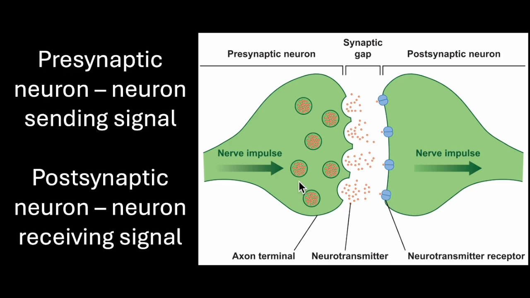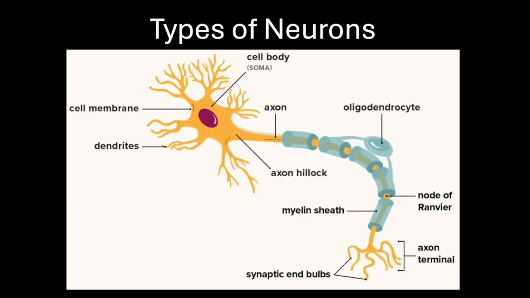What's happening here is we're zoomed in at our axon terminal on this side and our dendrites on this side, and we're passing those neurotransmitters across the synaptic gap, this open space, all the way to our other neuron. And there are receptors over here that are obtaining those neurotransmitters and sending the signals along.